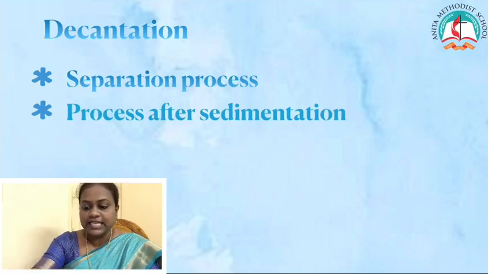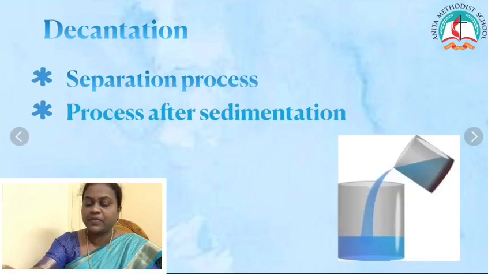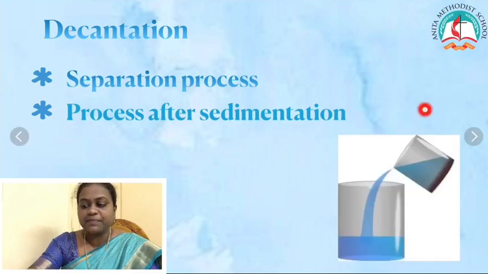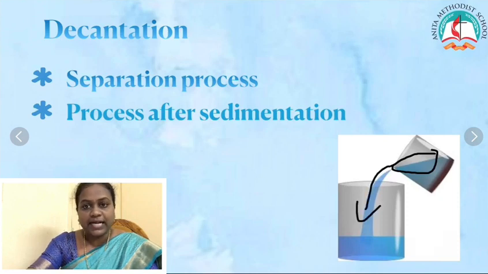Here, see this picture over here. This part we saw in sedimentation. Now here we are pouring out the clear water into another container. We are not disturbing the particles which have settled in the beaker.